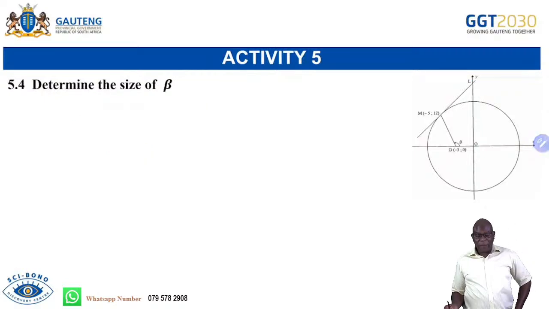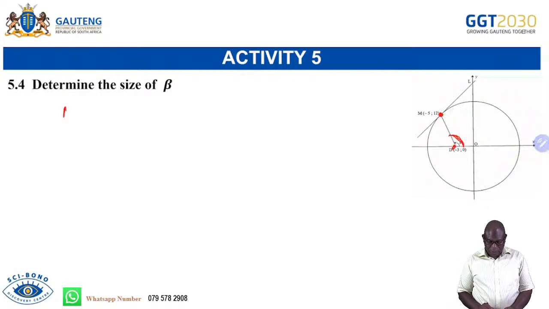Now, this is a very interesting question also. Obviously, for us to get the angle here, the inclination, the size of beta, we need this point here and that point there to get the gradient. So I need to first find the gradient of MD.